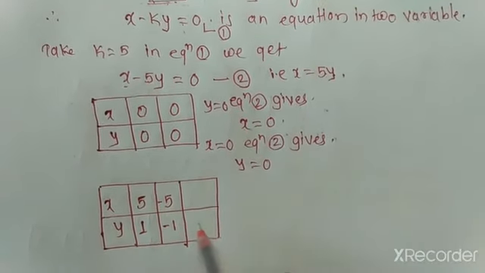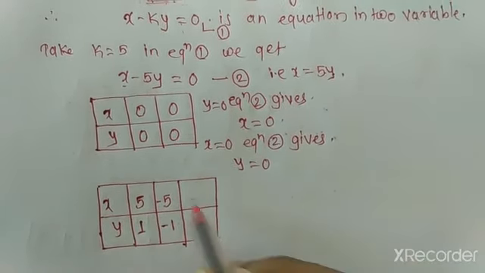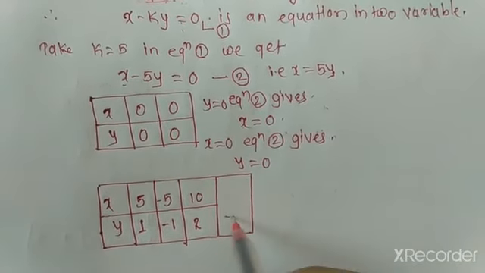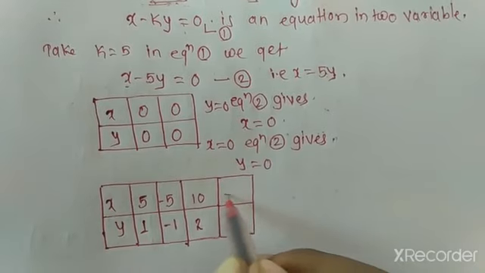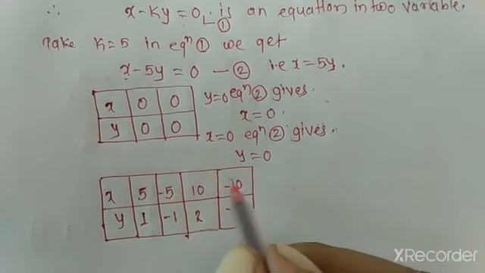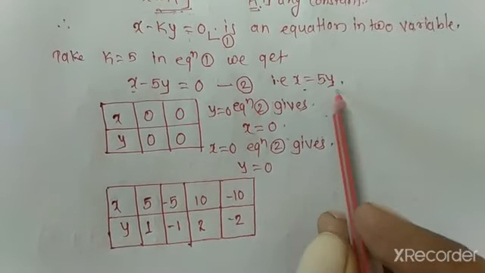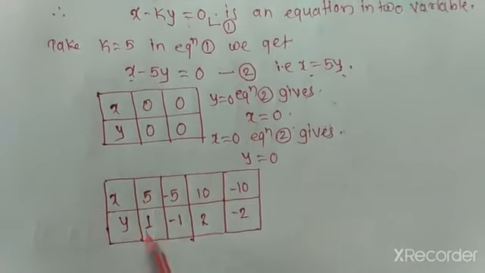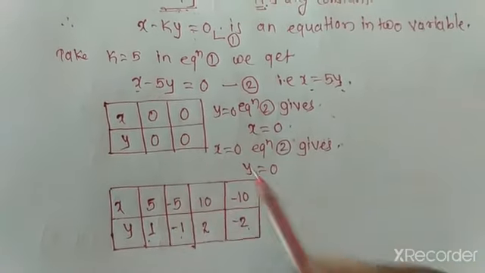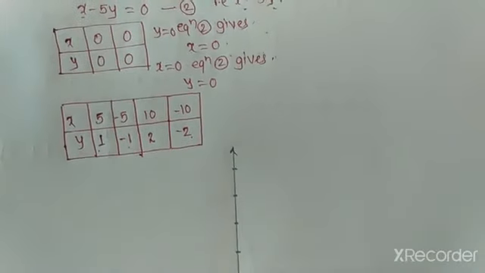For x is equal to 2, y is 10. And for x is equal to minus 2, y is minus 10. So relating to this information, we will draw a graph for x is equal to 5y. We will take some positive values and some negative values in such a type of graph. So now we draw a graph related to the given information.